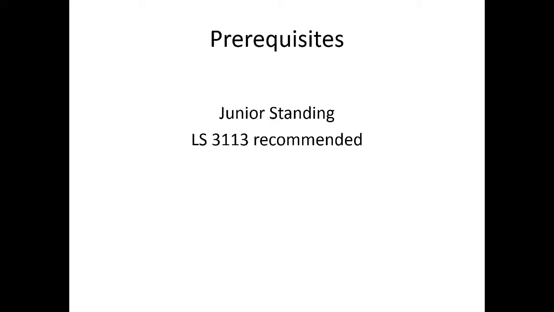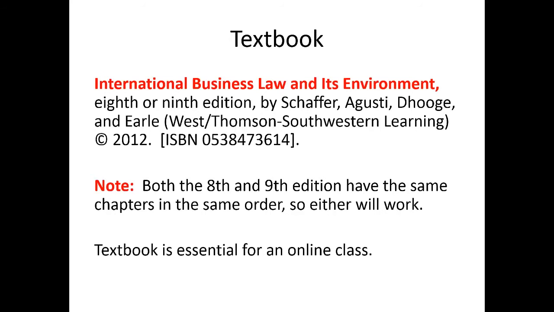For this course, junior standing, and 3113 is highly recommended because we build on some of the ideas of contracts. It's not essential, but you will be at a disadvantage if you haven't taken 3113 before. The textbook is International Business Law and Its Environment in one of its various editions.